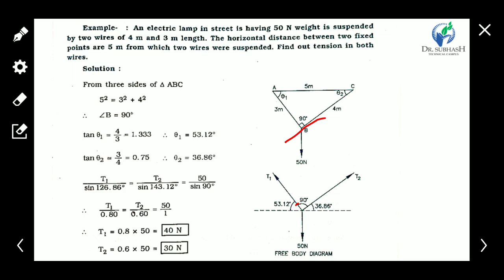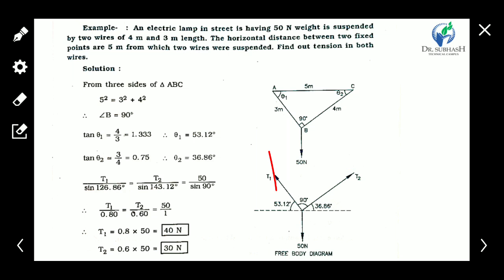The angle we have to find is with this horizontal line. This is the Z angle, this is theta 1, and this is also theta 1. Similarly, this angle and this angle are the same, so this is theta 2. Put the values of theta 1 and theta 2.